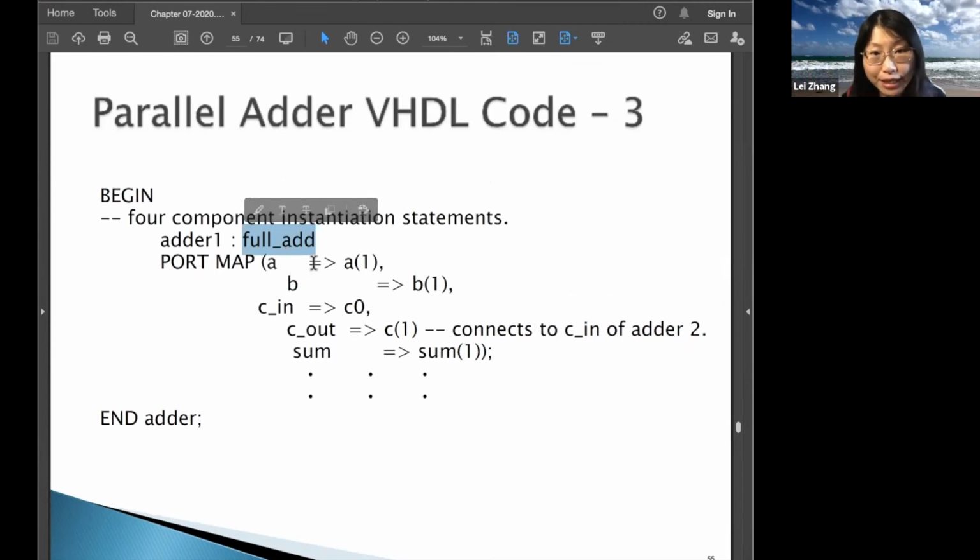So this name indicates that you are referring to a component that has the same structure as the declared component. For this other name, you have to give it a different name: adder 1, adder 2, adder 3, adder 4. You have to change it accordingly, depending on how many adders you're using.